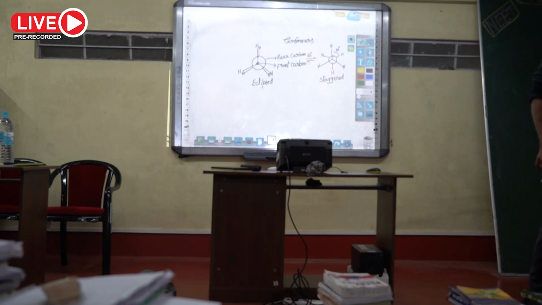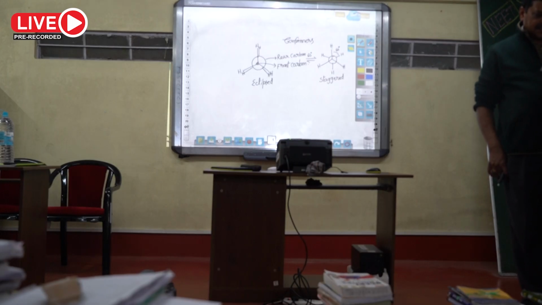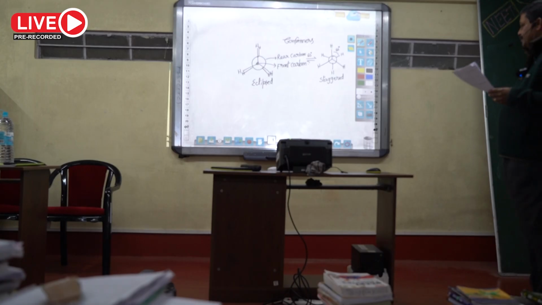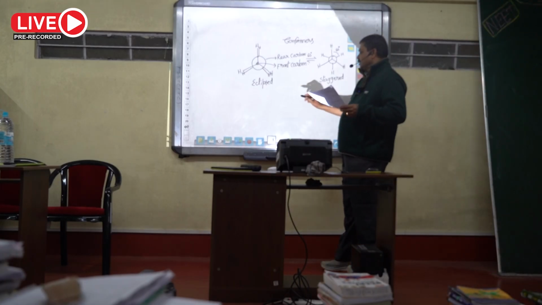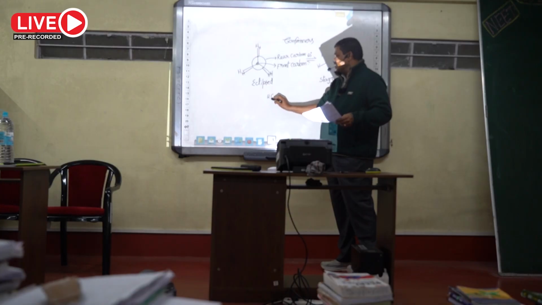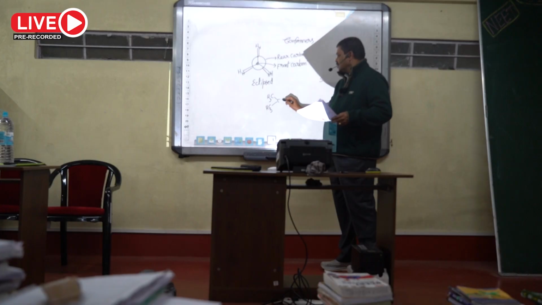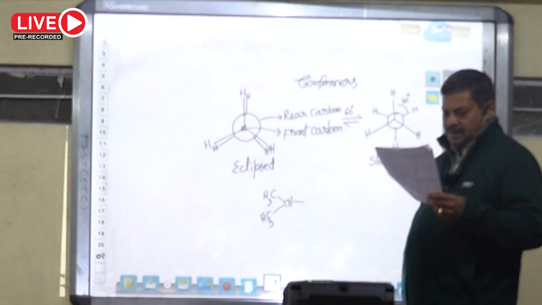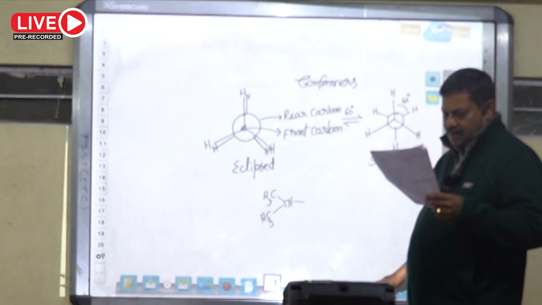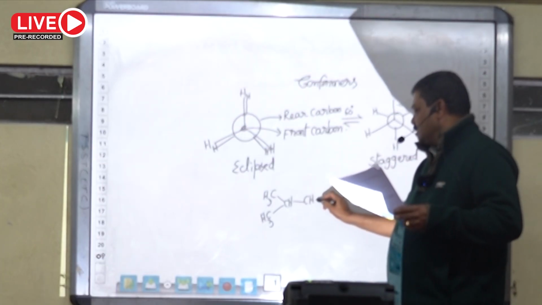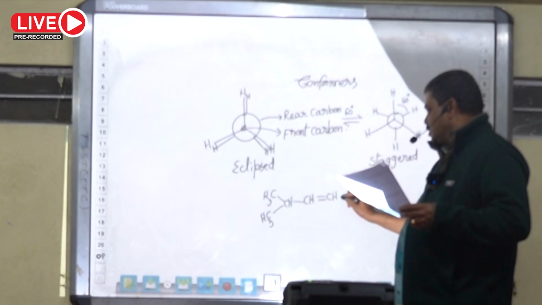Next one, the major product in the following chemical reaction. So it is isopentene. This group is called iso. CH, again CH, double bond CH2.